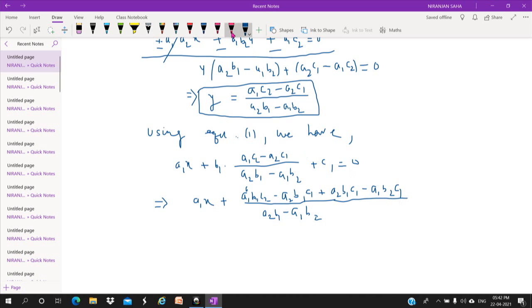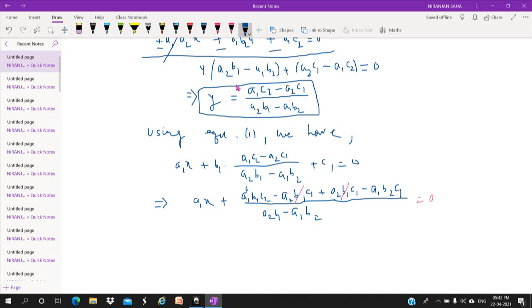You can look at this: a2 b1 c1 and a2 b1 c1 have the same terms with opposite sign, so they cancel.